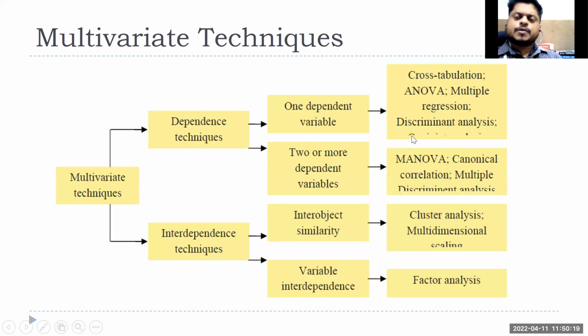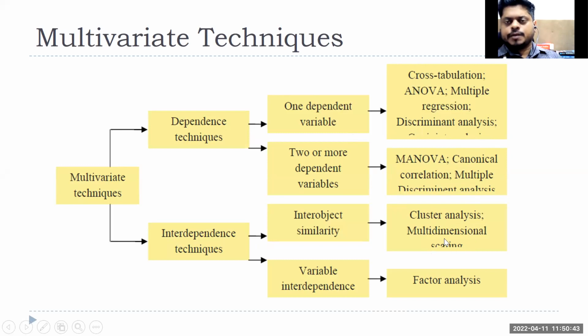multiple regression. Later on in your second year, in case some of you take other subjects, we'll get into discriminant analysis, MANOVA, canonical correlation, when I want to find correlation between multiple variables, more than two variables, right? Then there is multiple discriminant analysis, linear discriminant analysis, cluster analysis, multi-dimensional scaling.